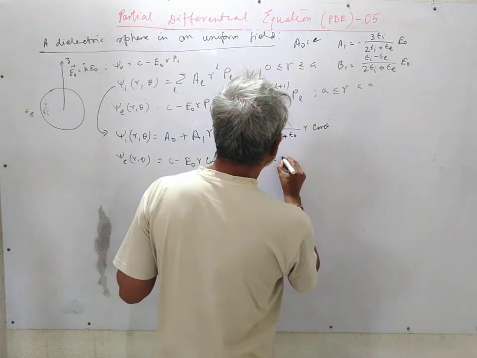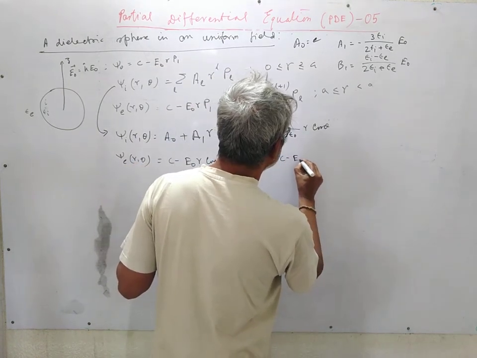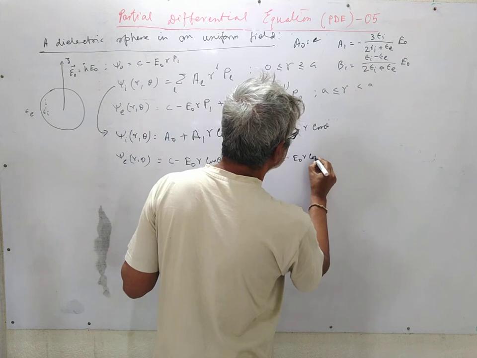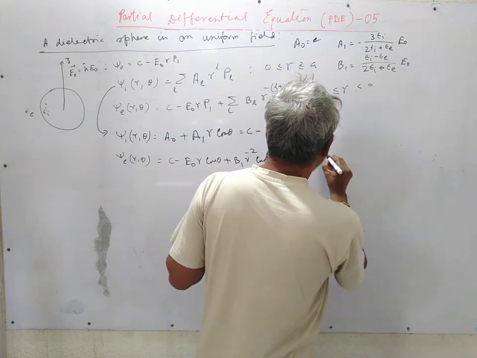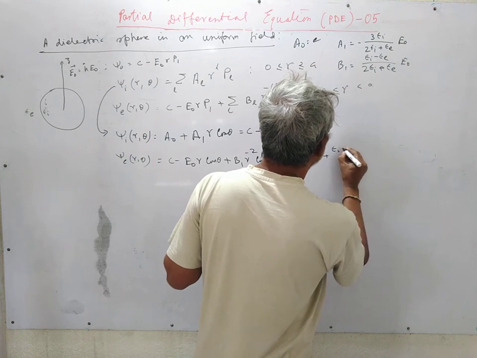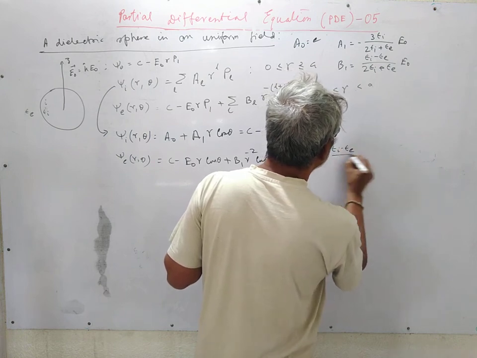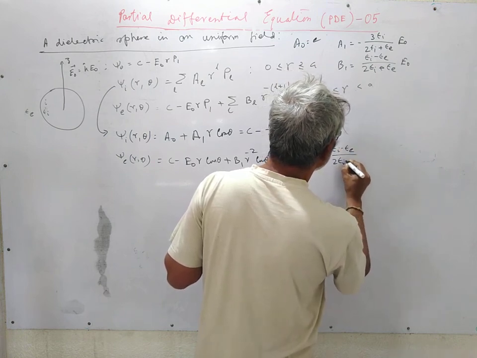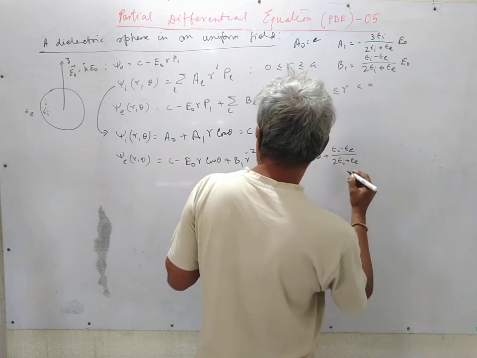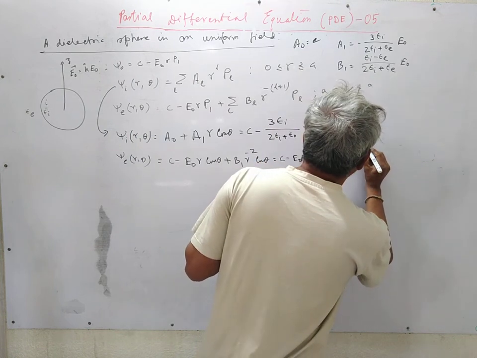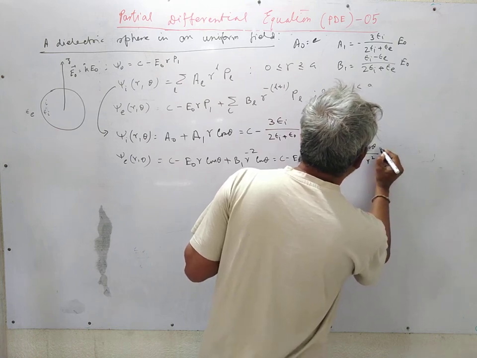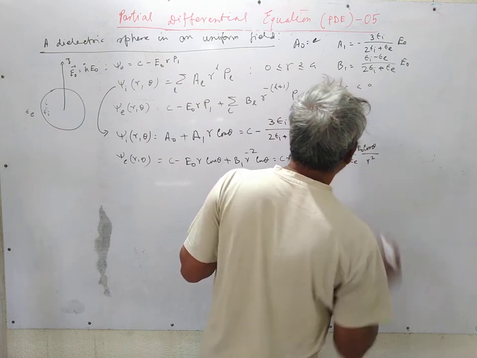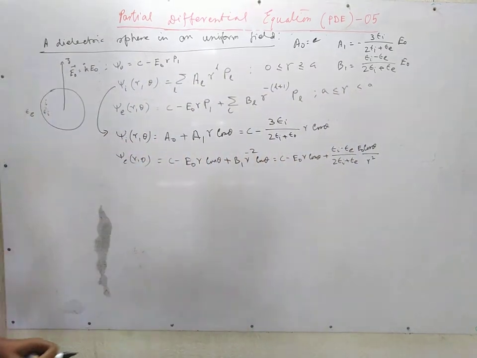So this is C minus E0 r cos theta plus epsilon I minus epsilon E over epsilon E... This is the potential.